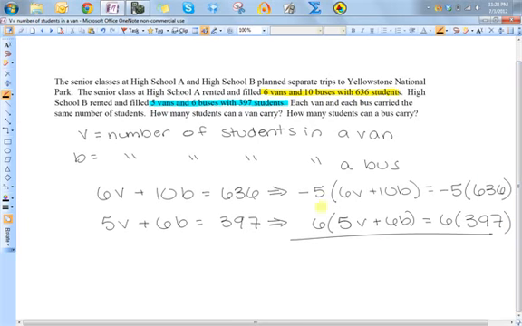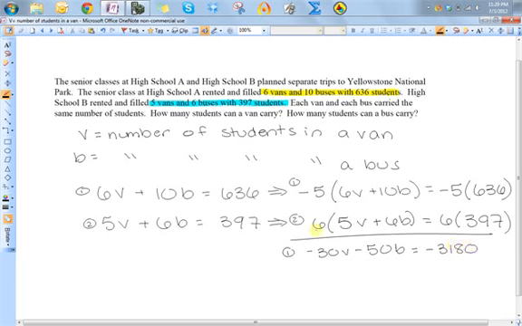So let's number these. This is the first one and the second one. So 1, 2. Let's find out what I get in equation 1 when I distribute the -5. I'll get -30v minus 50b equals -3,180.